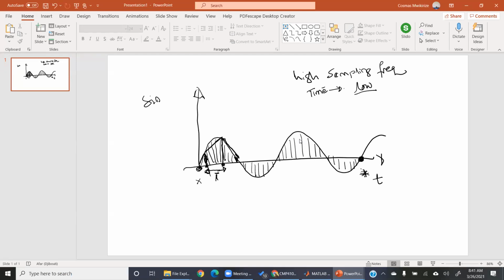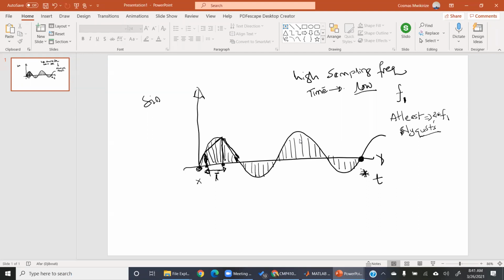Now, as a rule of thumb, they always tell you that if the highest frequency in any signal is F1, then choose a sampling frequency that is at least, what? Twice. At least twice F1. Now, this is known as Nyquist's sampling theorem.